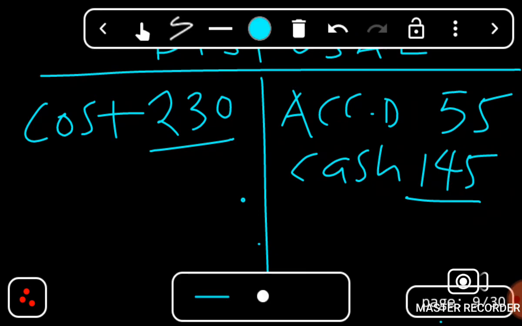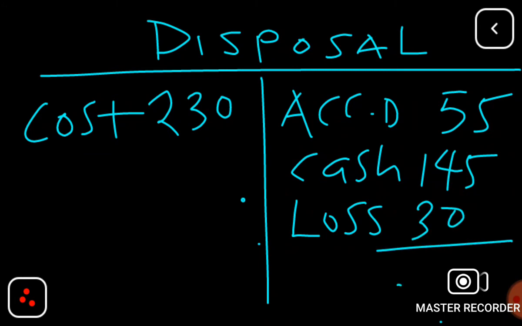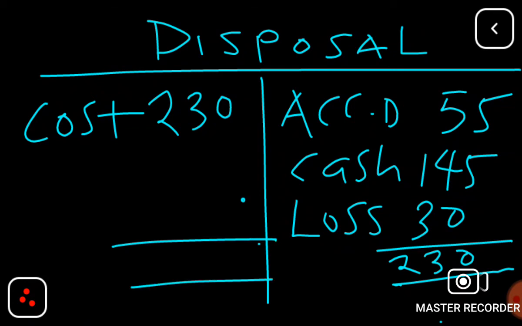Now, if you check in the question, they've said that we already made a loss. So a loss is always on the credit side of the disposal account. So 55 plus 145 is 200, which means we made a loss of 30. This account must always balance, so you must find the difference and close this account.